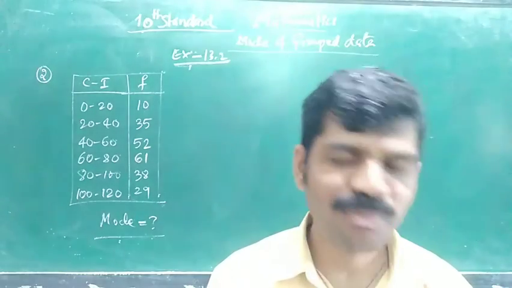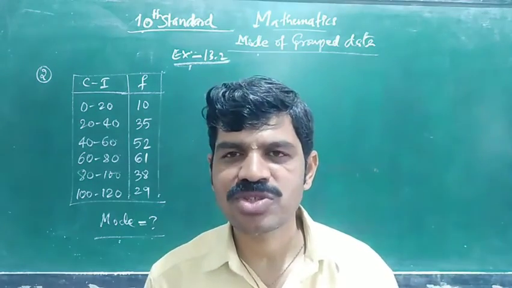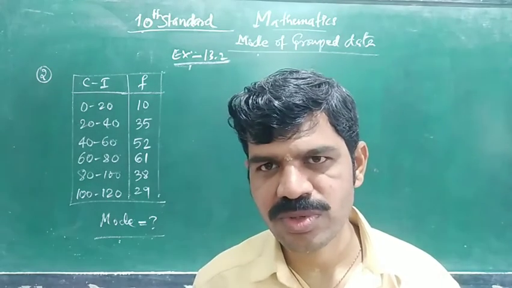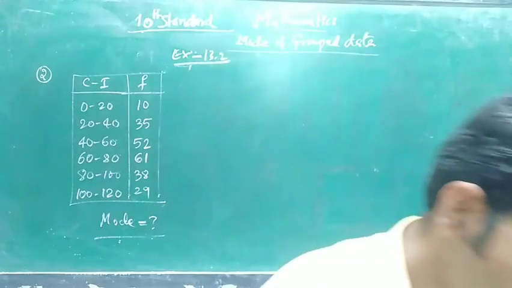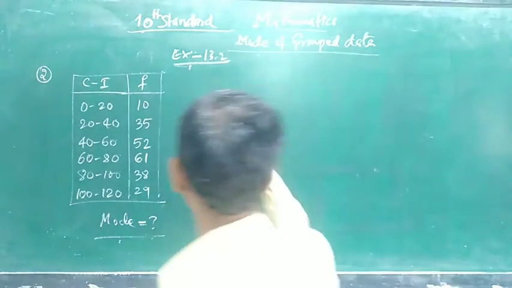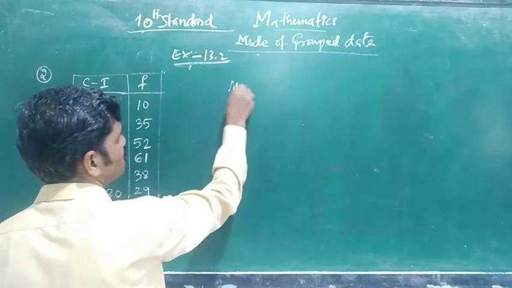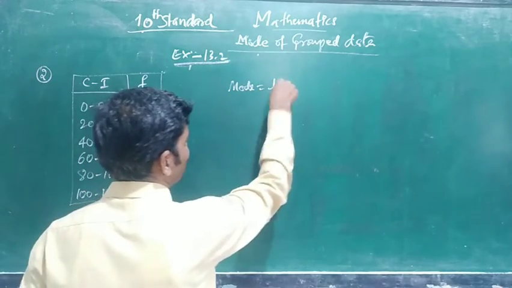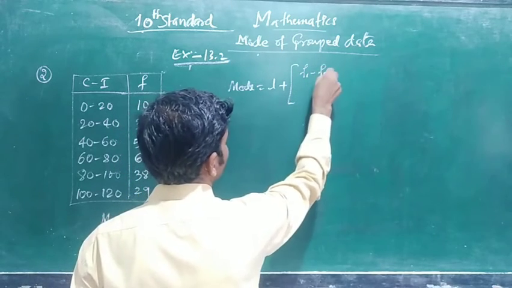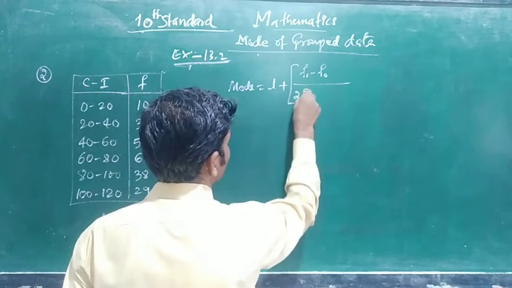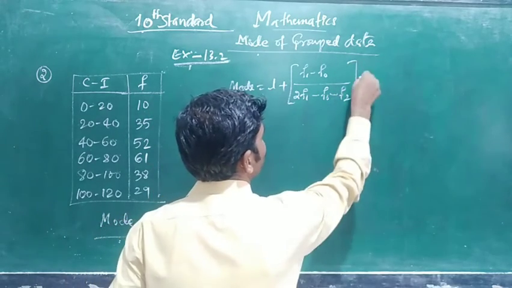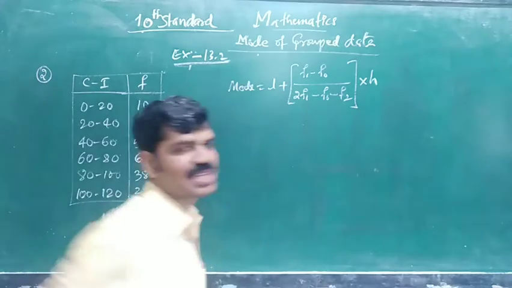Mode is equal to L plus (F1 minus F0) divided by (2F1 minus F0 minus F2), multiplied by H. That's all.